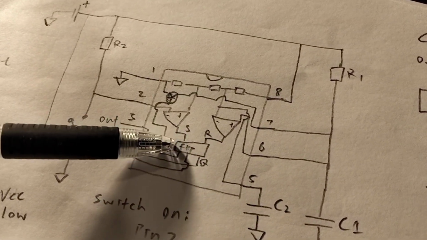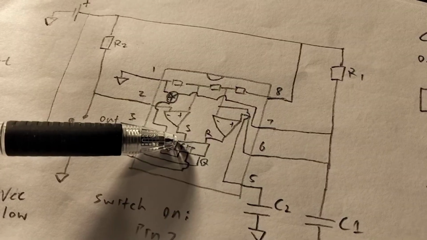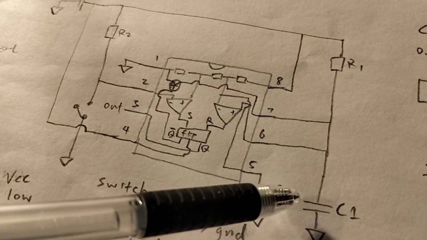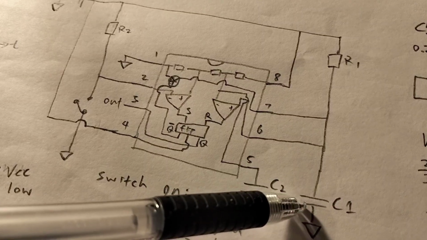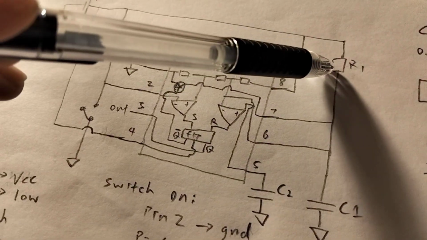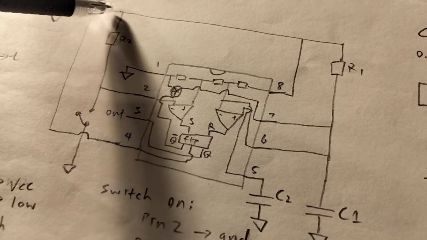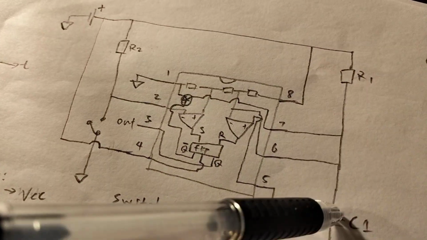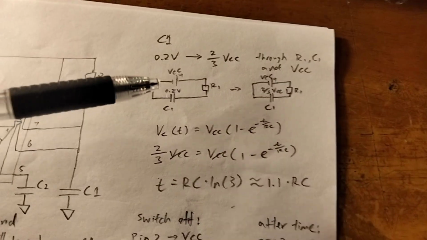And so you can configure what this timing is by basically looking at the capacitor and the series resistor, because the only way to charge it now is through the series resistor at R1. So it's basically an RC equation that looks like this.